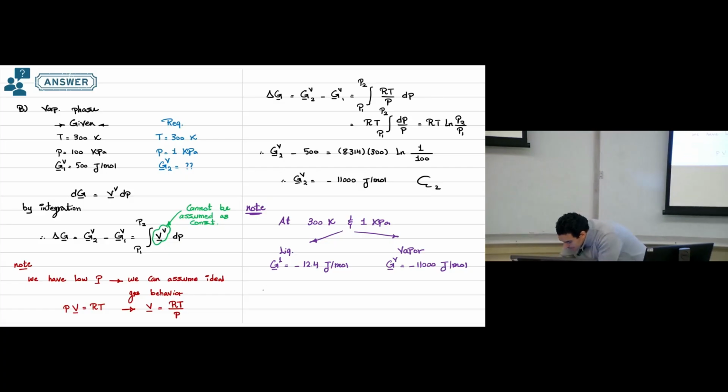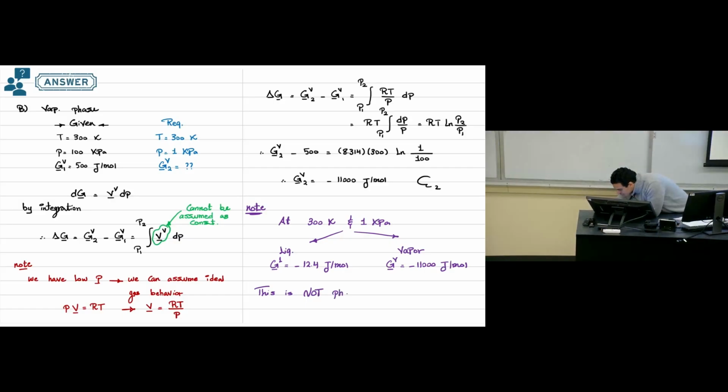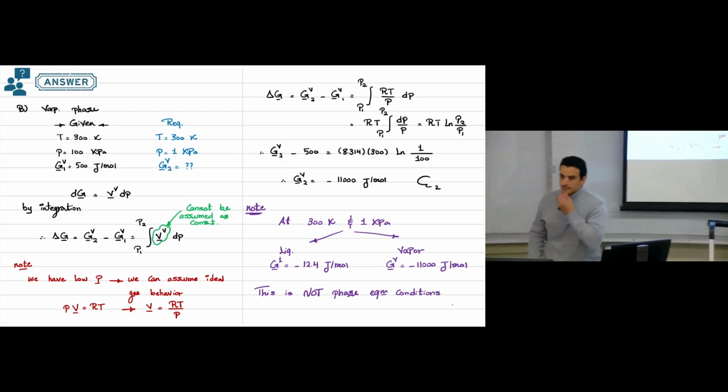So this is not a phase equilibrium or phase transition condition. Is this clear?